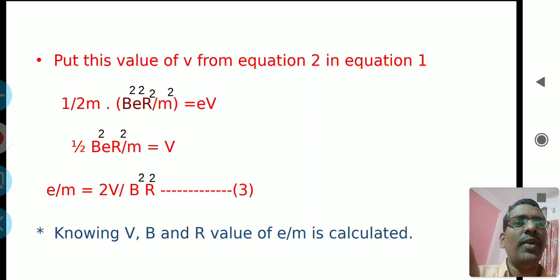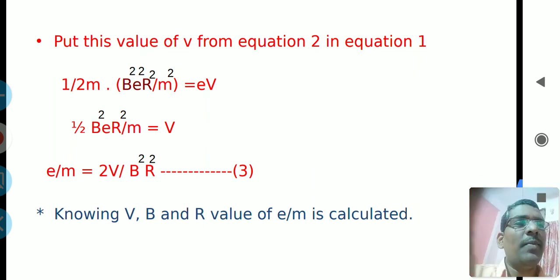So now we have the value of e by m by Lenard's method, which is equal to 2V divided by B square R square. By knowing the value of V, that is the applied potential, the applied magnetic field, that is B, and capital R, which is the radius of the circular path, we can easily find out e by m of the photoelectrons. Thank you.